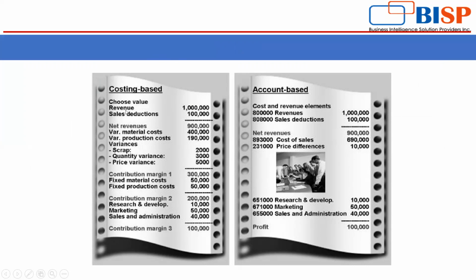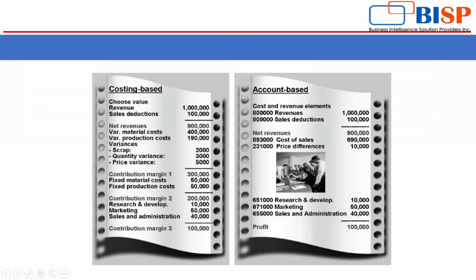Under costing we had revenue, then variable cost, then we get contribution, then fixed cost, and after that a contribution after fixed cost, and then all the relevant research, development and other expenses, and we used to get the contribution. And this contribution we can calculate on the basis of various characteristics, that may be product, customers, their numbers, etc.